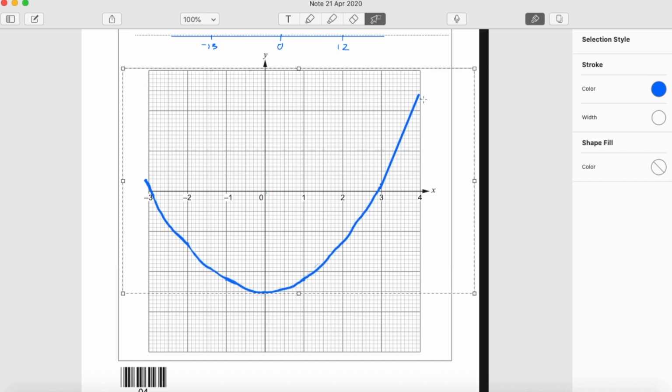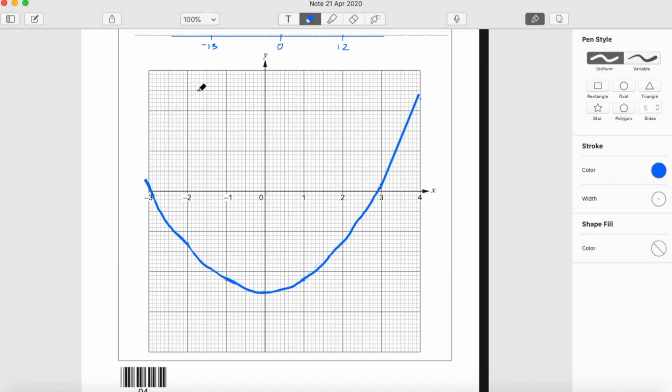Obviously that point's the only point that's a little bit inaccurate, so if you could somehow join that point in as well. But what we're looking for here is a smooth curve and with these points correctly plotted.